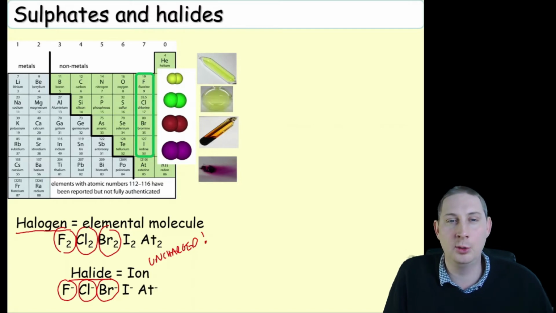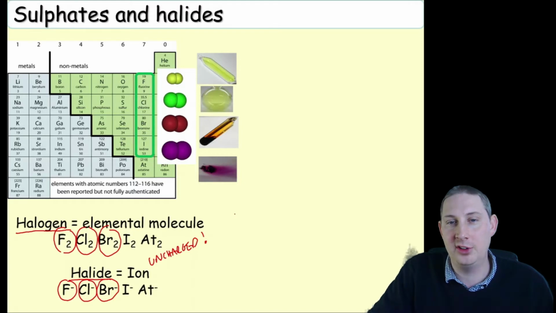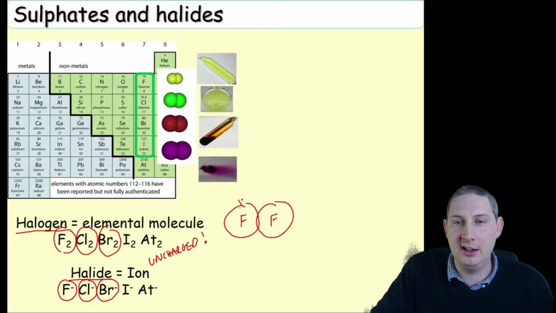It's very straightforward. The halogens are the elements. They are always diatomic, they go around in pairs. Why? Well, if you think about it, it's so they have a full shell. So fluorine, in order to have a full shell, it needs to pair up.